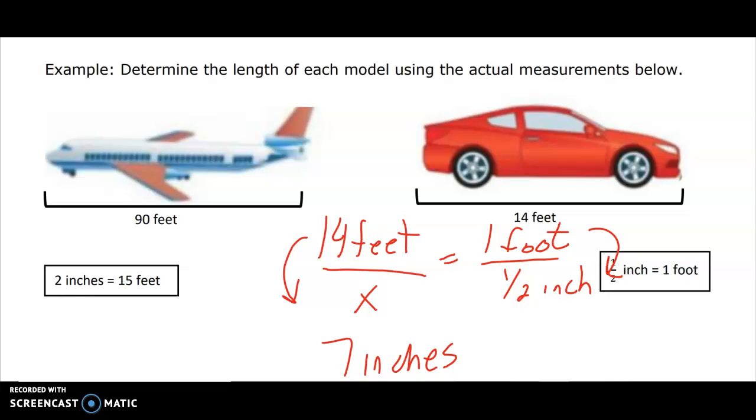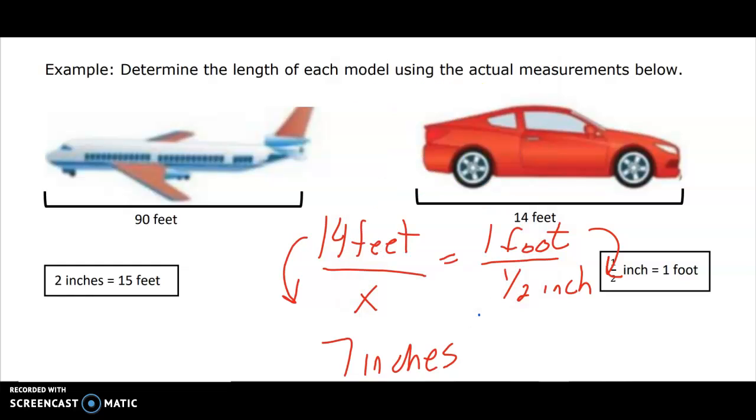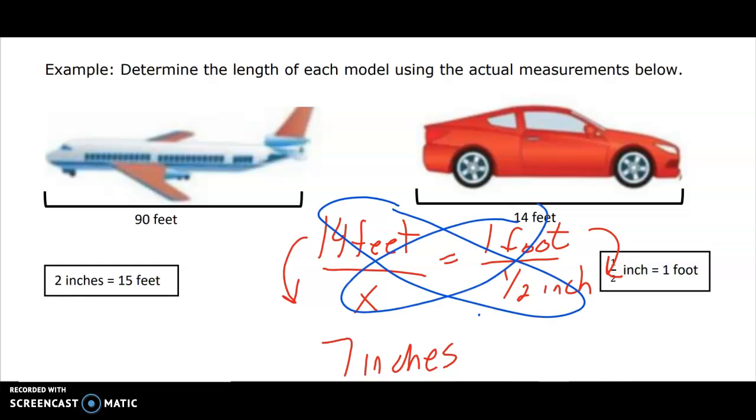The other way I could have done it, this is a different way. Same thing, same answer. I can multiply half of 14 equals 1 foot. So x times 1 equals 14 times a half. X equals, and that's multiplying, equals 7. Both times I get 7 inches. It's up to you how you want to do that.